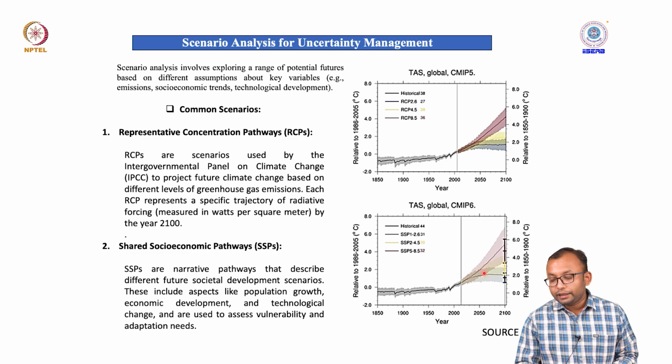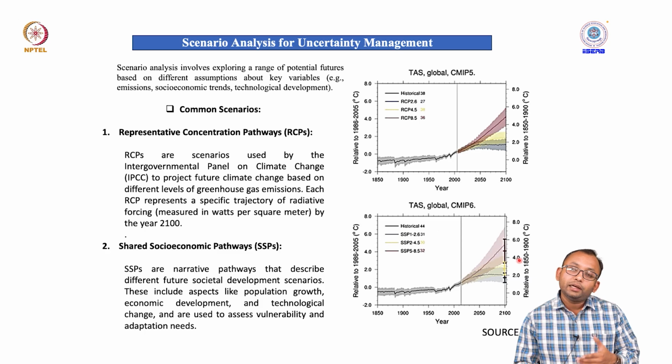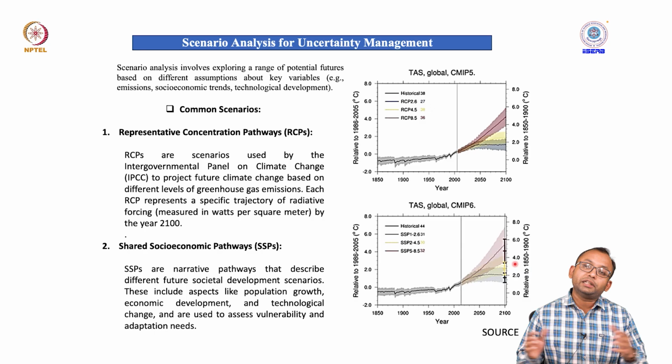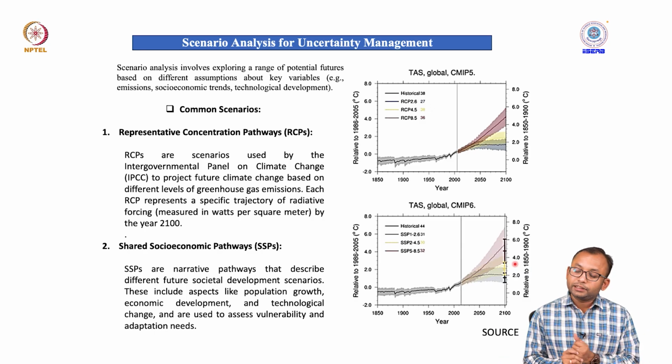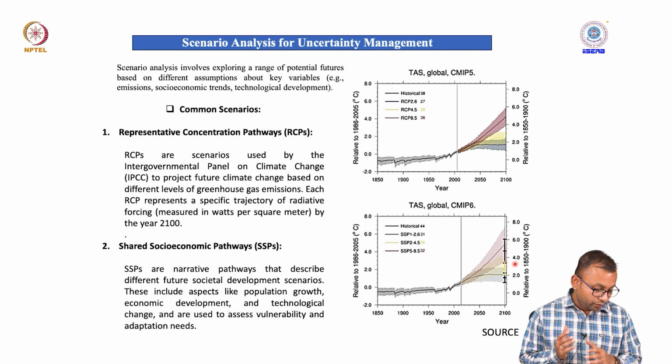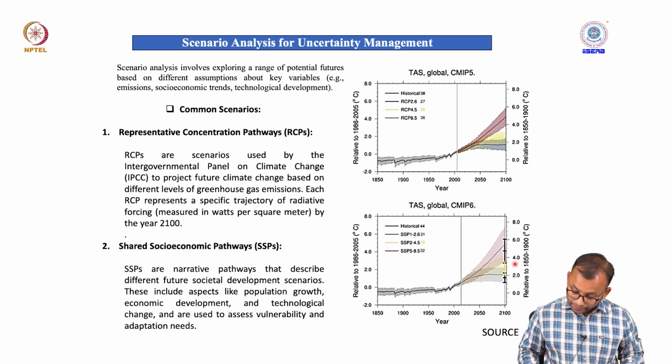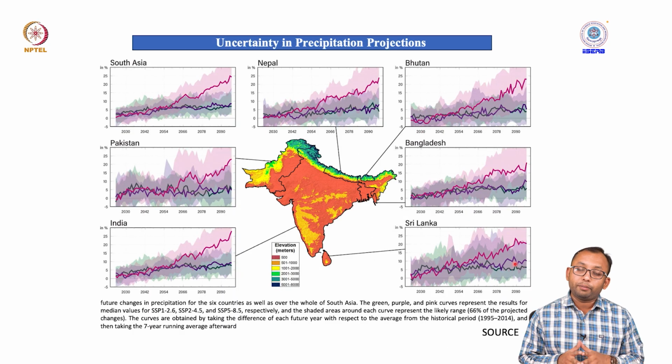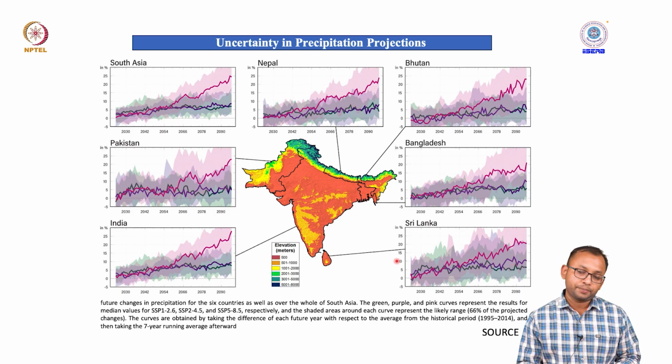If you look at it here, there is more uncertainty compared to the RCPs, because we do not know exactly which way the future will lead, or how much uncertainty will be there. If we include the socioeconomic growth as well, the uncertainty bound will increase, and therefore we have to compare the 10th and 90th percentile bounds in order to get more clarity about climate vulnerabilities and the hazard proneness of the different climate variables. So this is one example of an Indian case study.